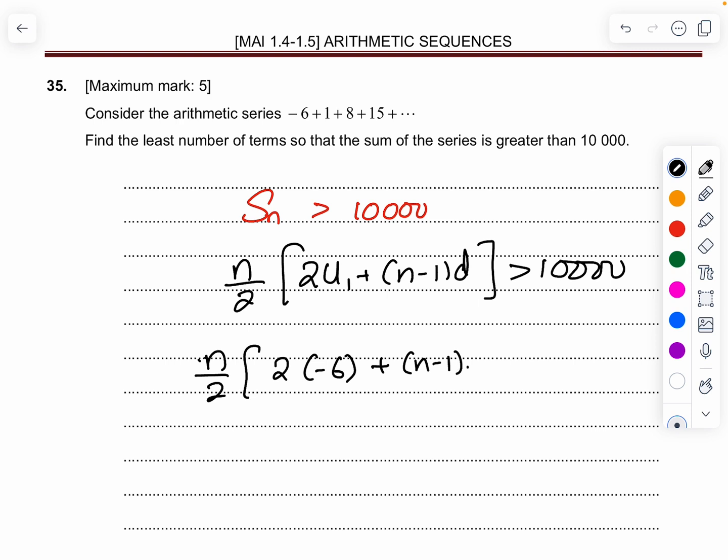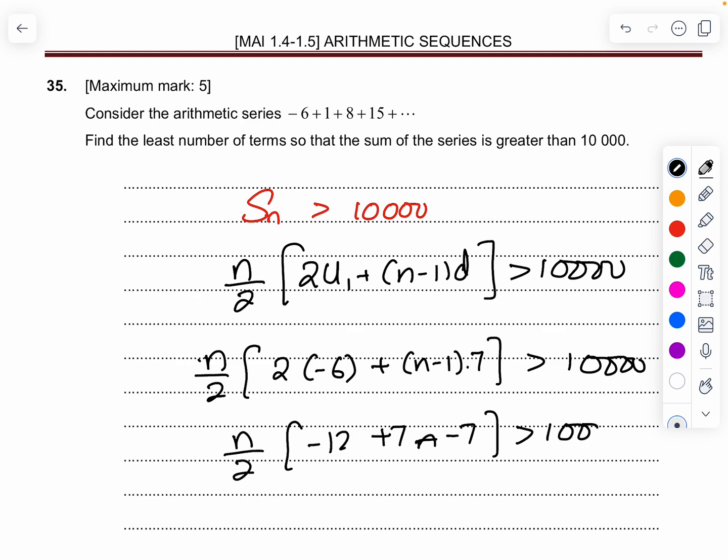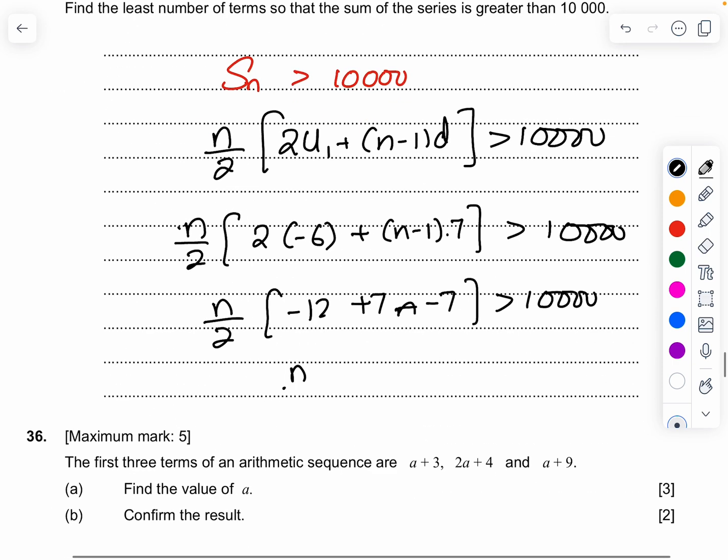What is d over here? You can see that 7 is going to be d. So n upon 2 times negative 12 plus 7n minus 7 is greater than 10,000. So n upon 2 times 7n minus 19 is greater than 10,000.